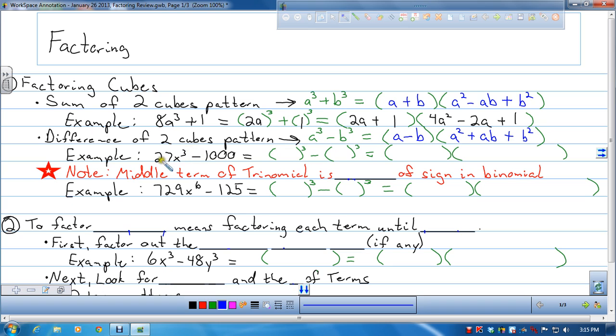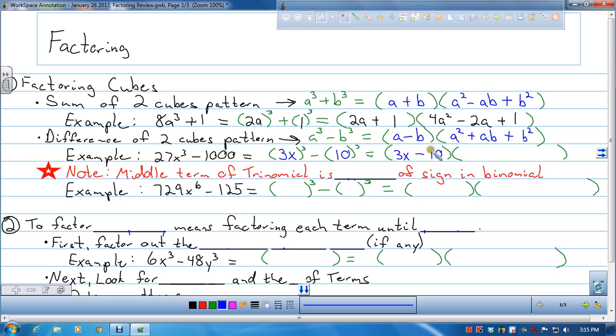What did I cube here to get 27x cubed? Well, I cubed a 3x. What did I cube here to get a negative 1,000 or a 1,000? I cubed a 10 to get 1,000. So the pattern goes with a subtraction, so I'm going to have what I cubed there minus what I cubed there.